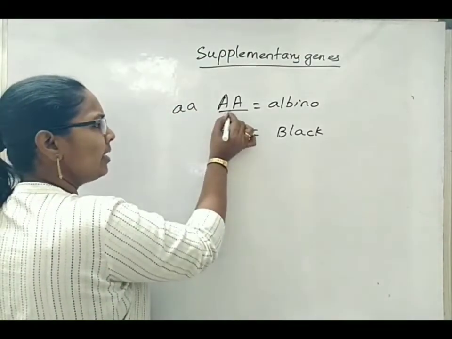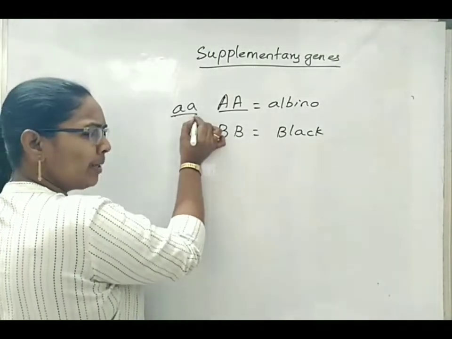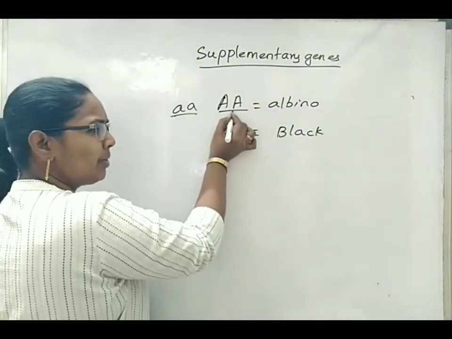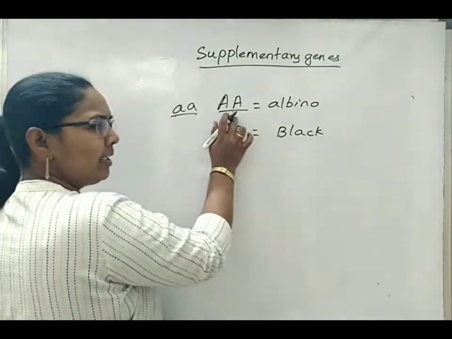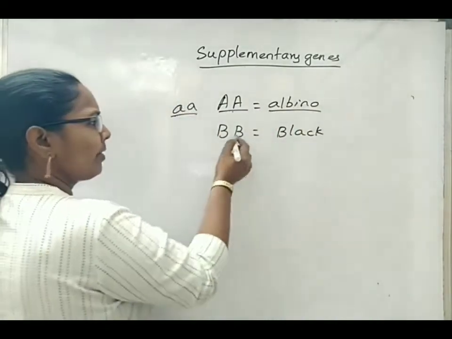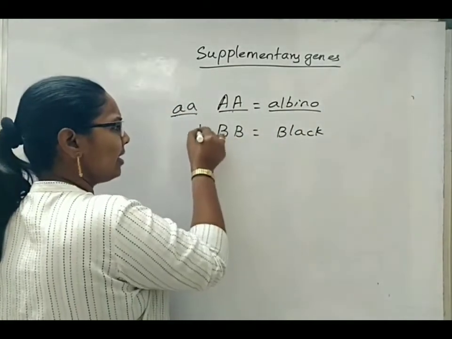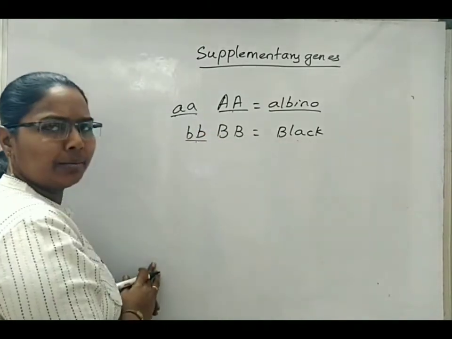When one dominant allele pair is present, it will have its own recessive one. It can be expressed or it may not be expressed in presence of this type of alleles. That is a secondary thing. So, when these two are present combinedly as a pair, then it is responsible for albino color. When this exists along with its contrasting allele pair, then it will be responsible for black color.